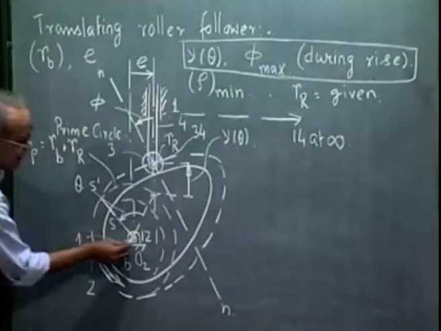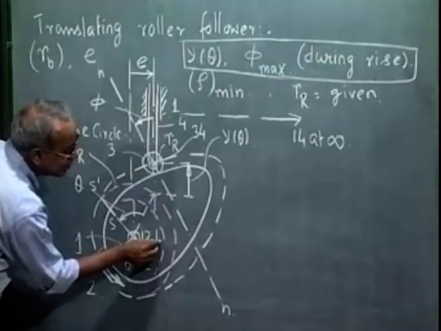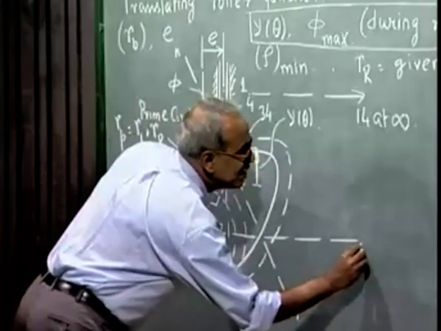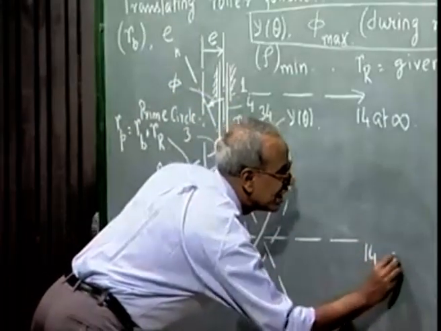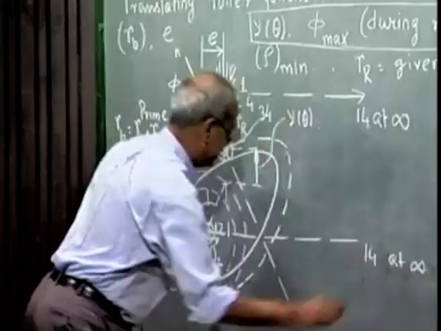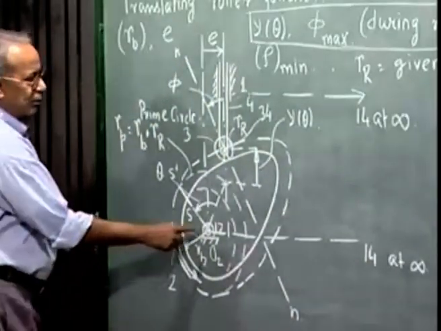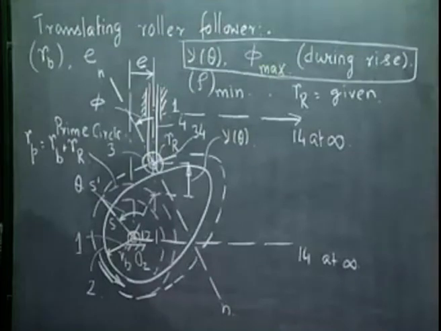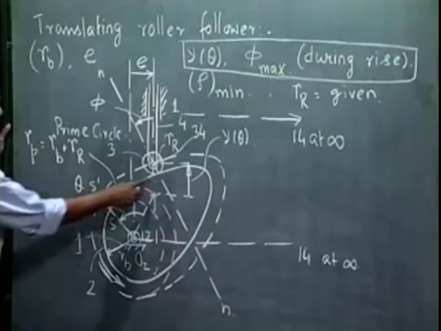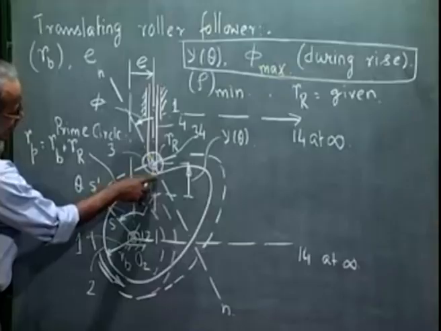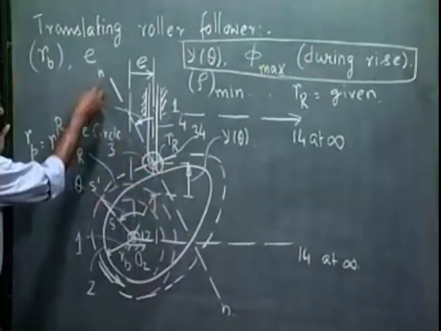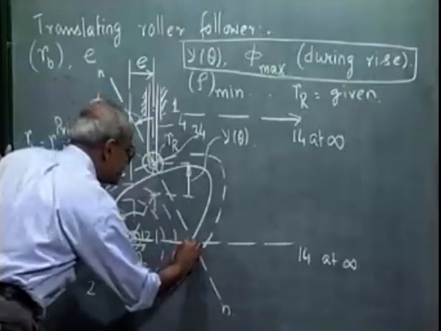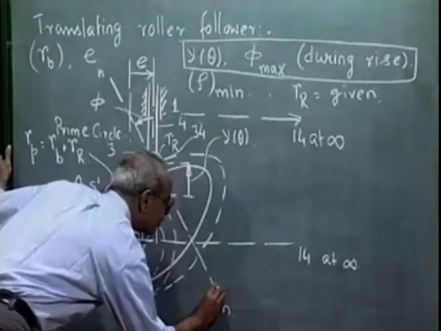So if I draw a horizontal line through 1, 2, it contains 1, 4 at infinity. So I have determined 1, 2, 3, 4, 1, 4. Now we also know 2, 3, that is between the cam and the roller, must lie on this common normal. I do not know where, but definitely it lies on this common normal.